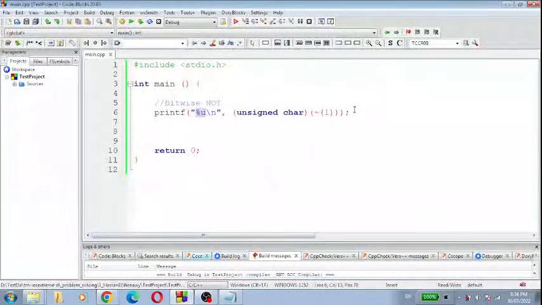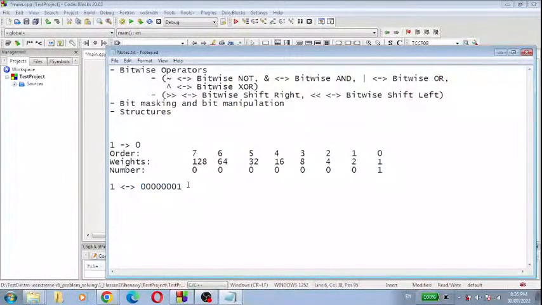Now we have printf with this expression. What is this expression about? Here I have written this tilde. This tilde represents the bitwise not. It is a bitwise not operation on this 1. We know that 1 is this thing in binary, so let's get its not step by step.